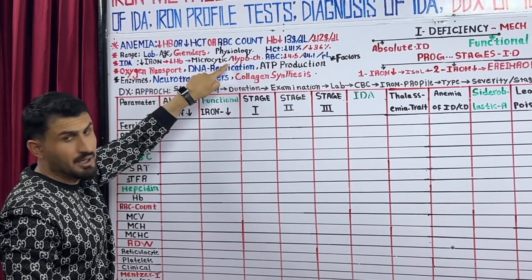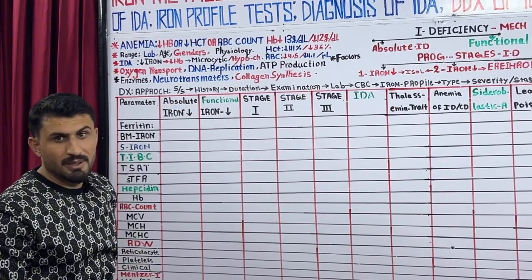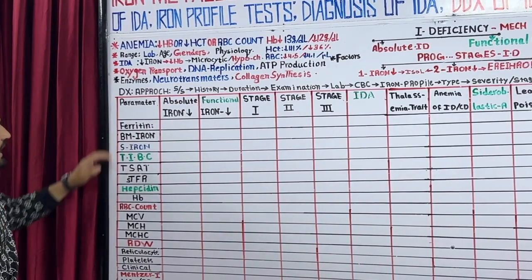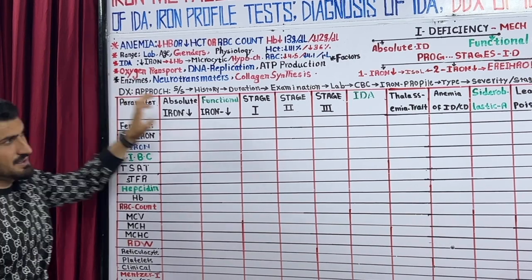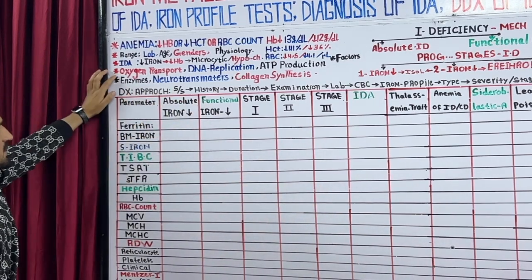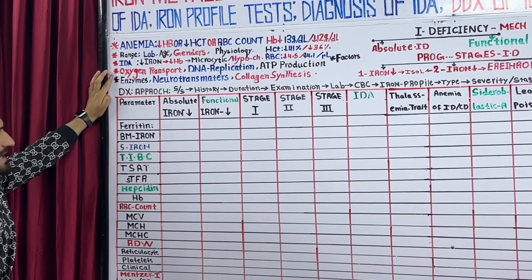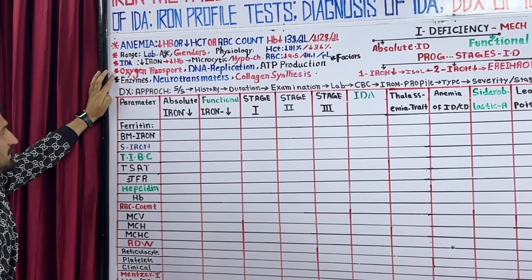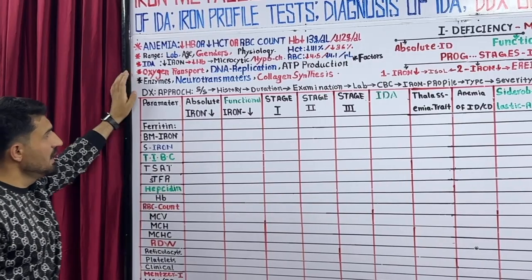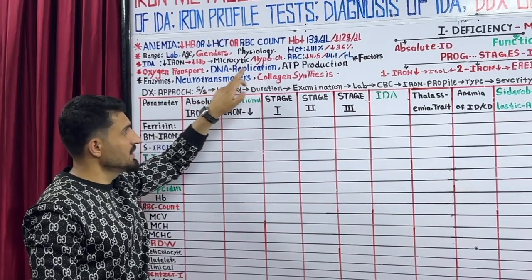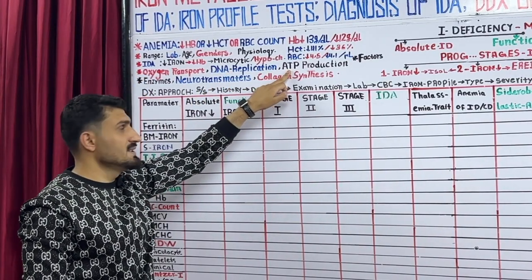becomes microcytic and hypochromic. Okay, and then we talked about this very important part today because I want to link the signs and symptoms to this part. So iron has some other functions also. For example, it has role in oxygen transportation, it has role in DNA replication, it has role in ATP synthesis and production.